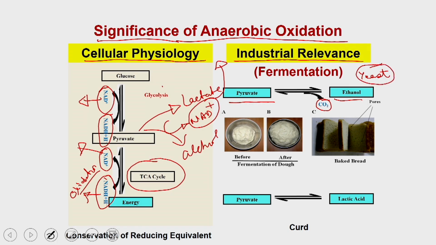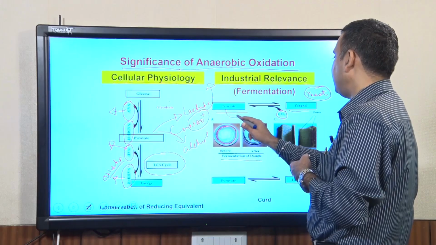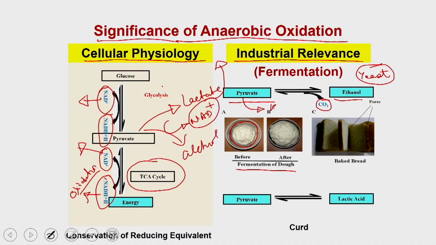So, that can be used for two purposes. One, which we have already discussed, is that if you are trying to make bread, what you have to do is take a small amount of dough and then mix it along with the yeast organisms. Because it is a dough and there is an anaerobic condition inside the dough, the yeast will run its glycolysis to produce the pyruvate, but it cannot mobilize that pyruvate to generate the energy in the Krebs cycle.